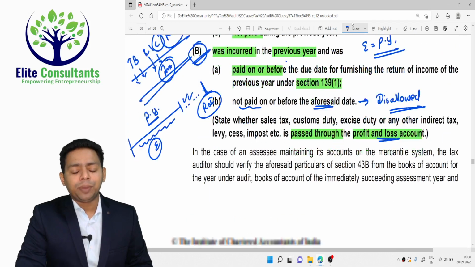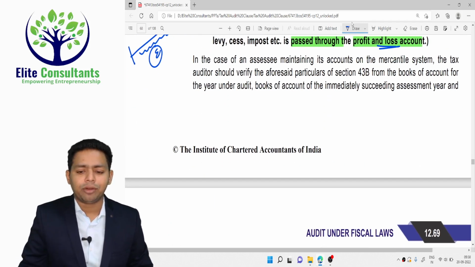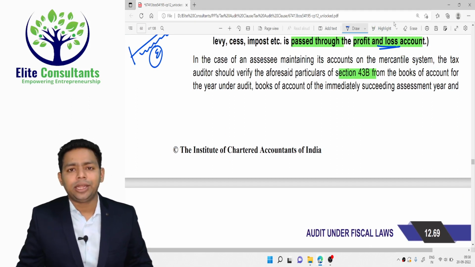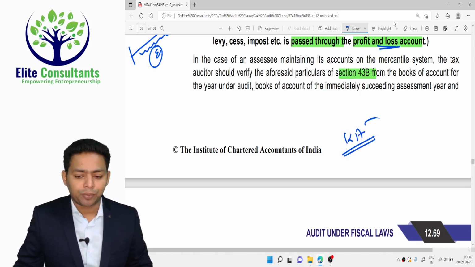Now one thing, many of the students don't know the exact logic behind it. So what's the logic, my dear friends? Why is the government giving deduction on payment basis? A very famous case study that everybody knows is Kingfisher Airlines, and the promoter of Kingfisher Airlines is Mr. Vijay Mallya.